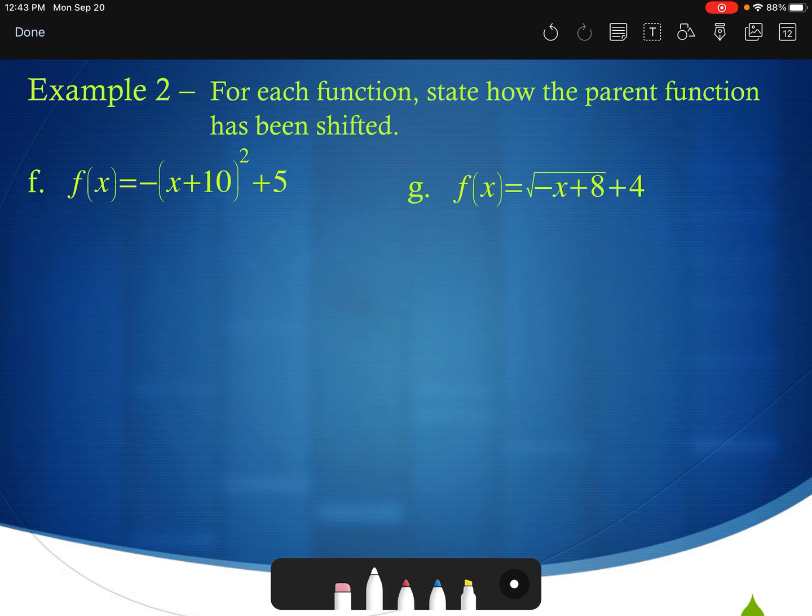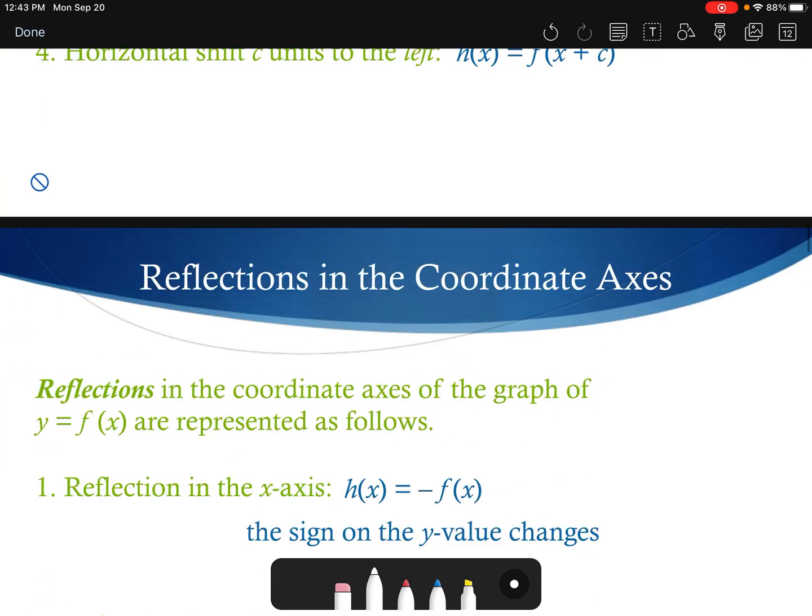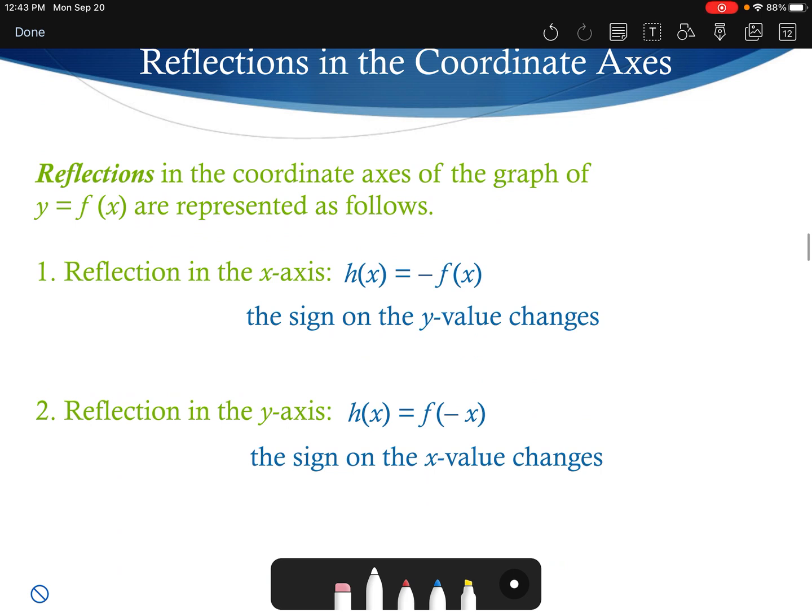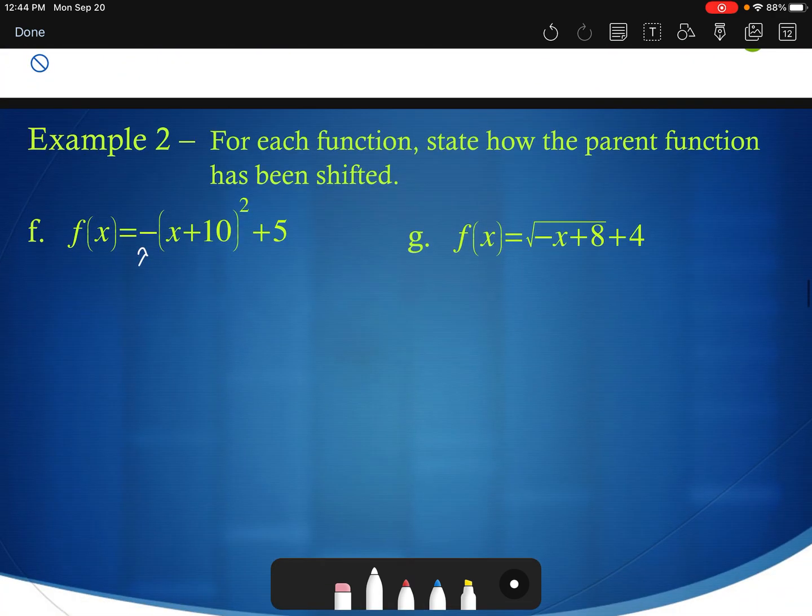Okay, now if you recall, the negative sign in front, when we negate the function itself, right here, it's a reflection on the x-axis. So this is going to reflect on the x-axis, left 10 and up 5.